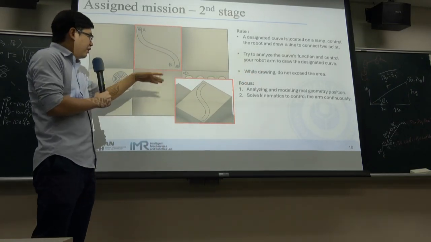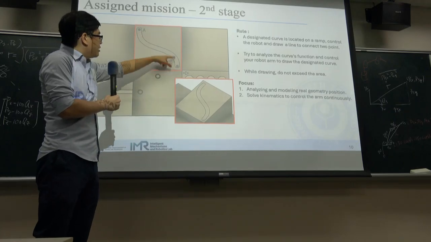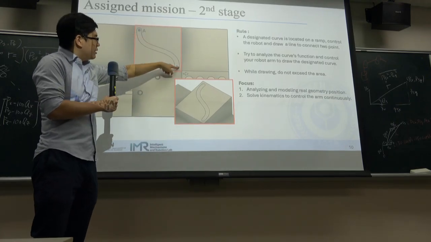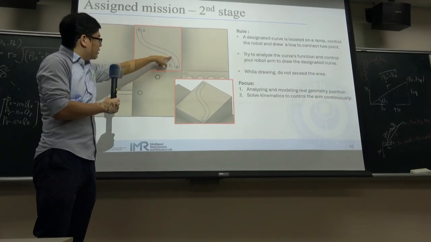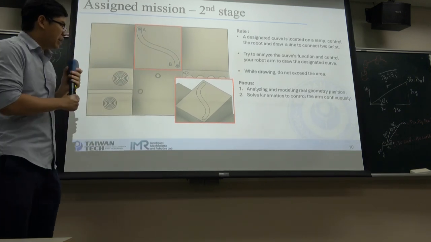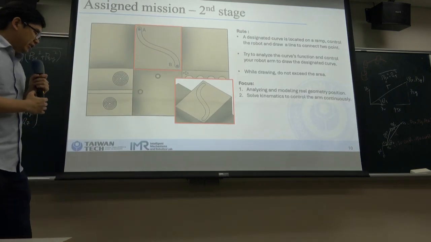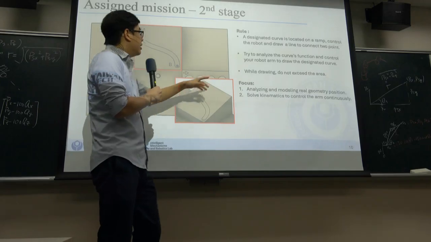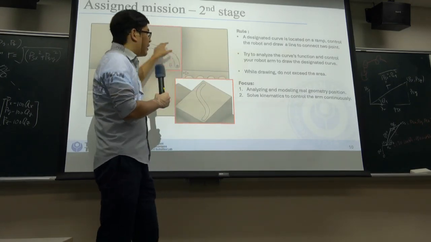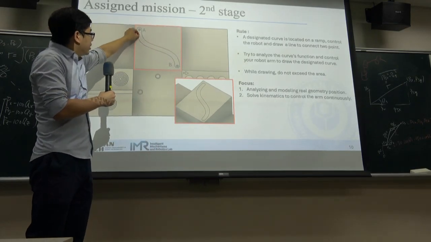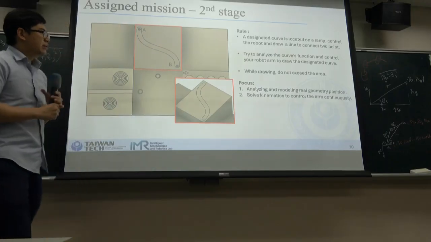The only thing is you need to complete it. You can also skip this one if you don't want to do it, but there are some penalties. So try to analyze the curve function and control the robot to draw the curve.